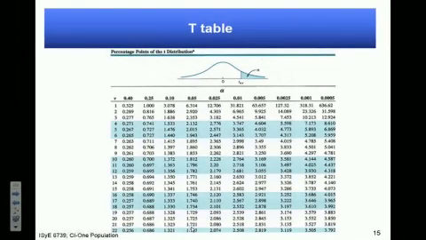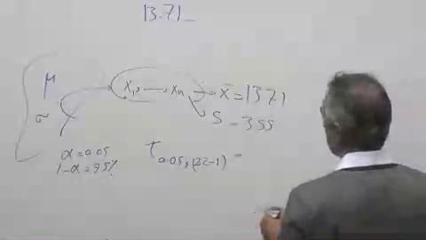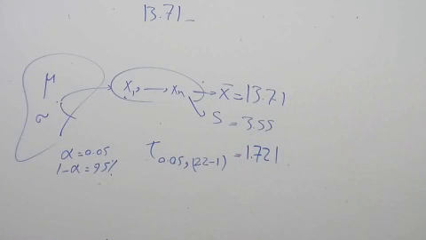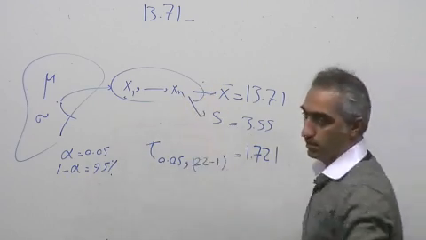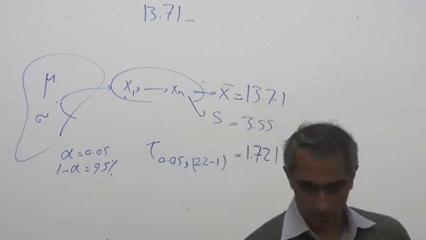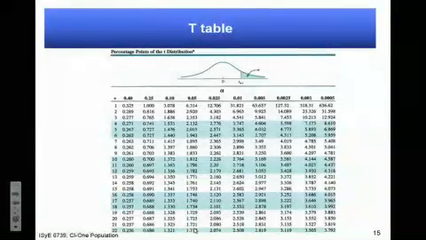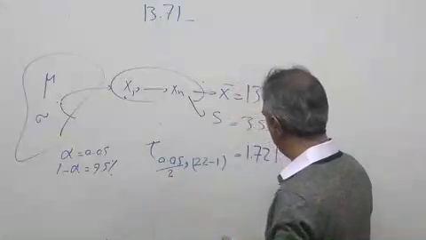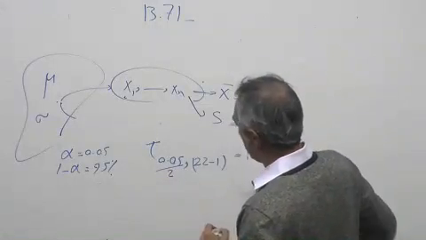The number is this. Okay? 1.721. Just replace it here. Oh, actually I made a mistake. It should be divided by 2. Because alpha is this.